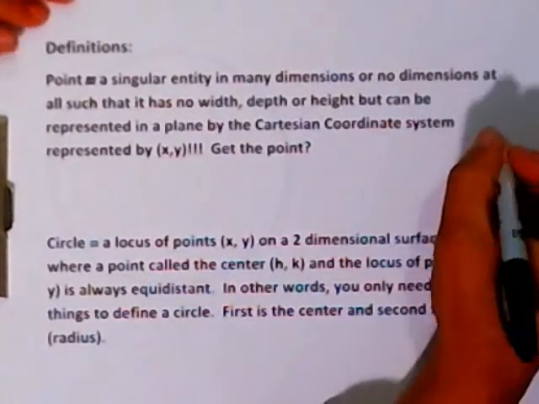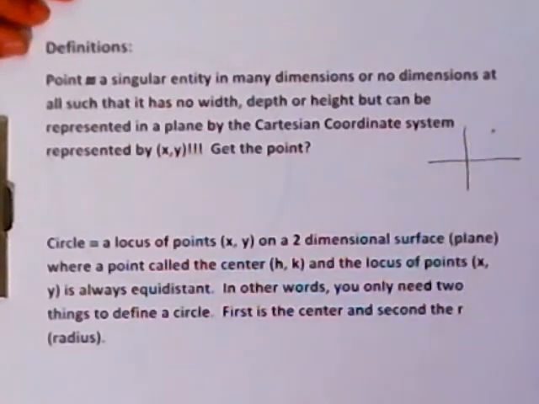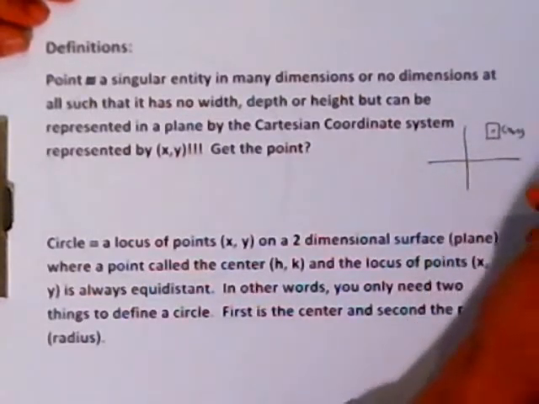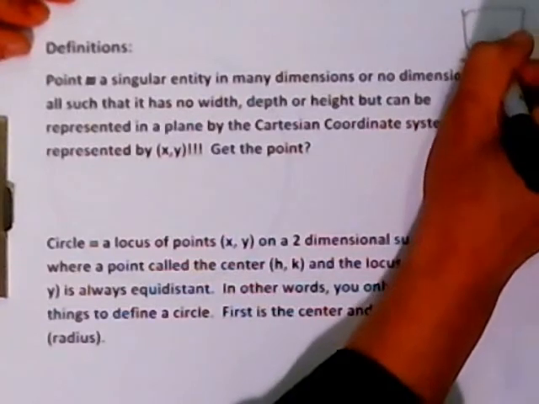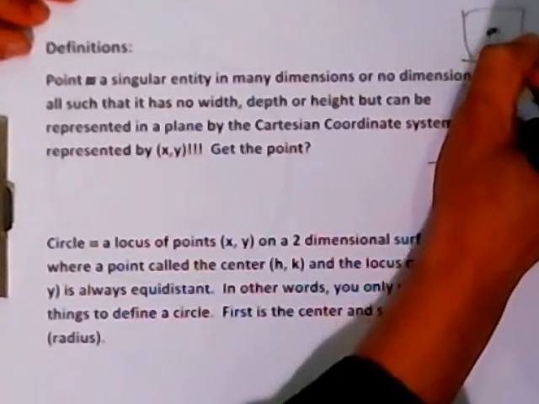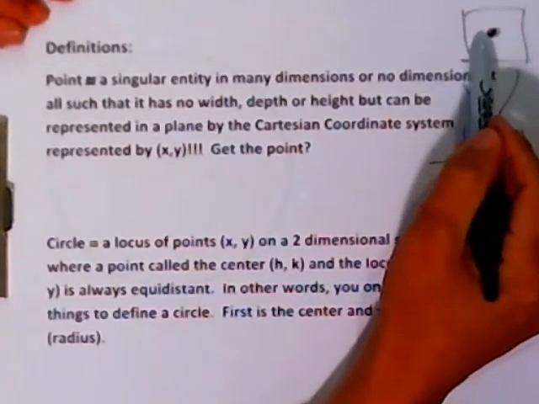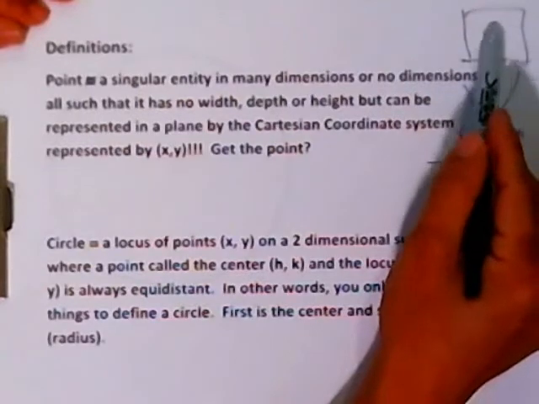I have no idea what I just said. So let's look at the Cartesian coordinate system, and here's a point x, y. If you blow this up, basically, it looks something like this. Notice it has a little bit of width, a little bit of height, and a little bit of depth because I actually pressed into the paper a little bit.